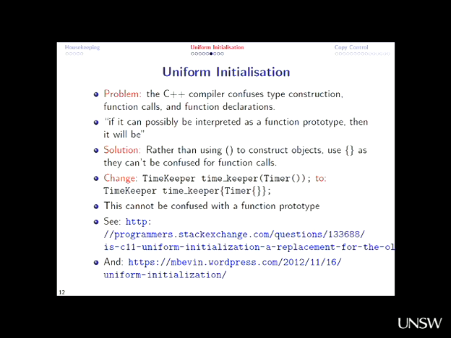So the solution to this problem is rather than using these rounded brackets to construct objects, you should be using braces, because the braces cannot be confused for function calls. So the solution to our problem with our timekeeper one is to change those round brackets like that to curly braces like that, because this cannot be confused with a function prototype.